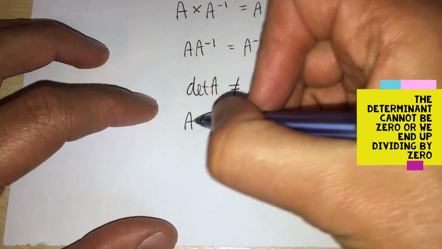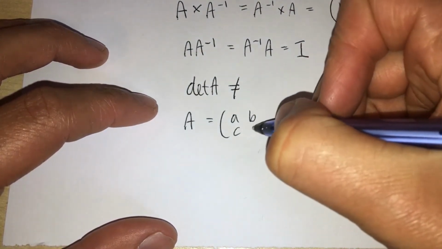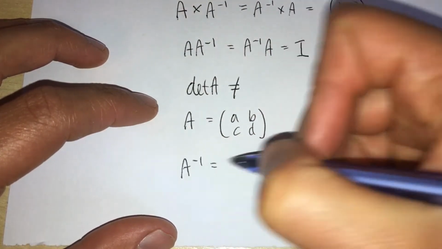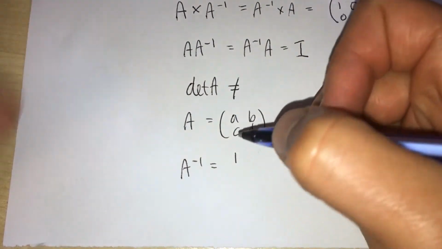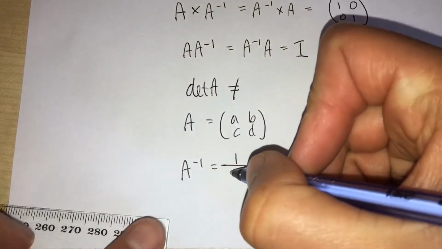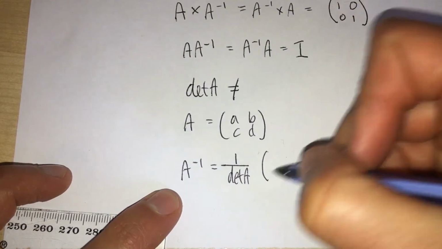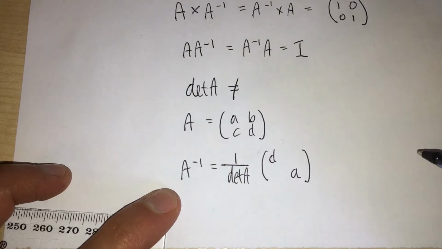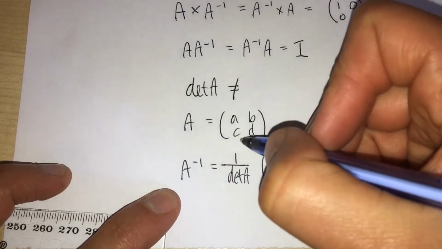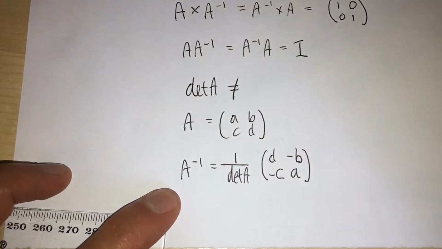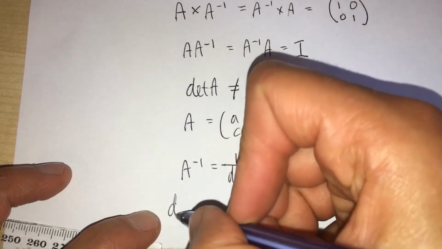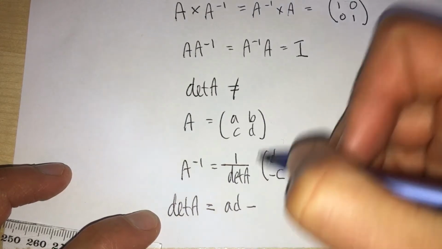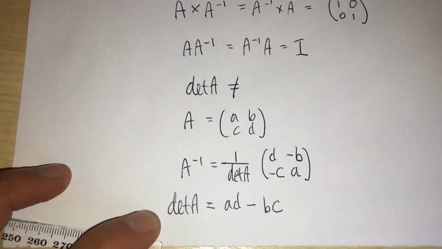In general, if we call the matrix A, B, C, D, as in it has the elements A, B, C and D, then the inverse of that matrix will equal 1 over the determinant of A multiplied by the matrix where we interchange A and D. So we've got D there and A there, and then we change B into negative B and C into negative C. And remember that det A is equal to AD, the product of AD minus BC. That's how you do it.